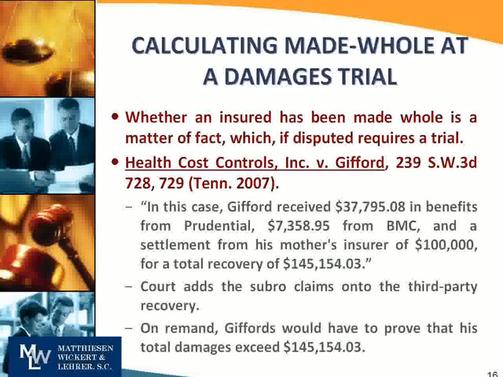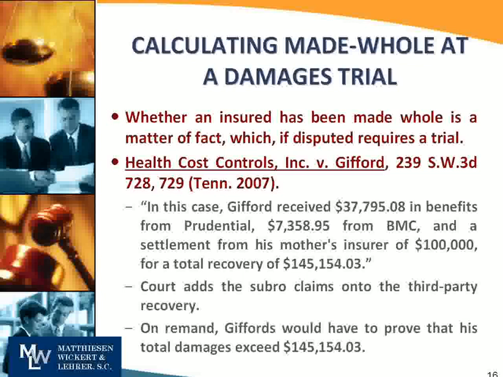So look what the court is doing. The court is not saying, I know that you've recovered $100,000 and you've got 37 plus 7, so about 45 in subrogated claims, have you been made whole? No, no. What the court says is, well, you've received $100,000 from the tortfeasor.